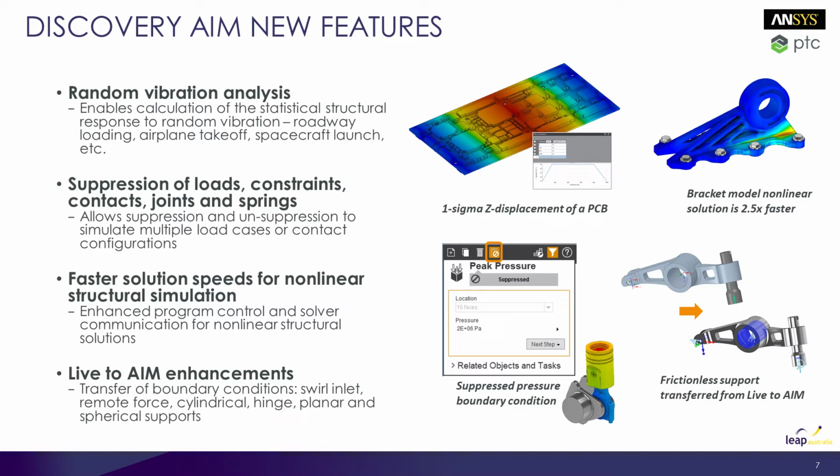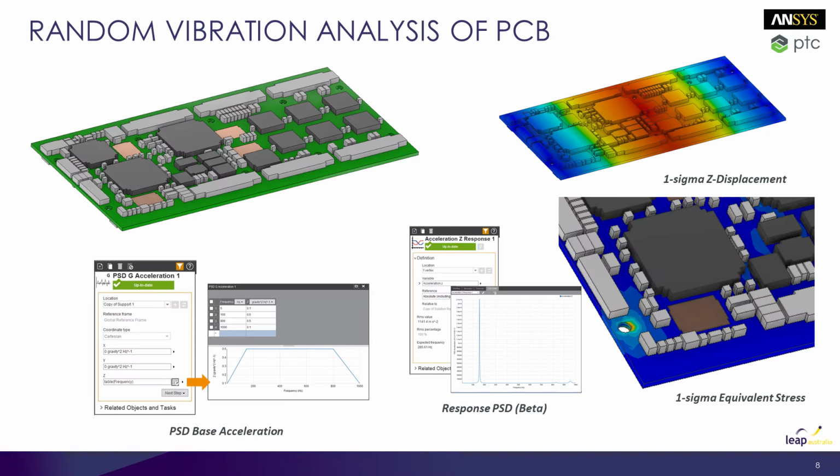It's easier to control which are happening. There's some improvements for nonlinear structural, and there's an improved passage of the data from Live into AIM. So we'll look at a couple of these in more detail. So if you want to do a random vibration analysis, you can now have a good stab at doing that in the AIM product.